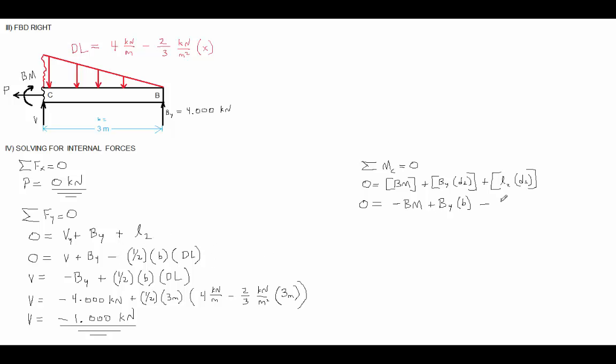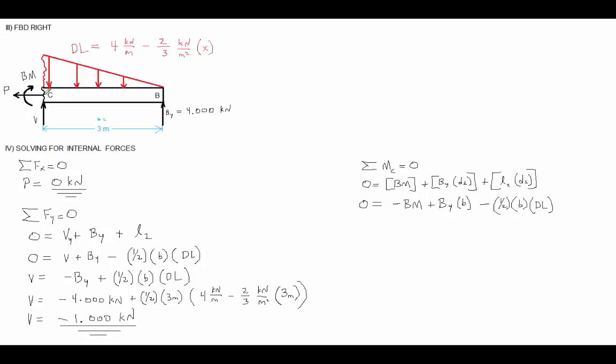So that would be 1/2 times the base of the shape, which is B, times the height, which is DL. We also need to multiply that by the perpendicular distance. Since this is a triangle, the force that replaces it is going to be right about here, located at the centroid of the triangle.